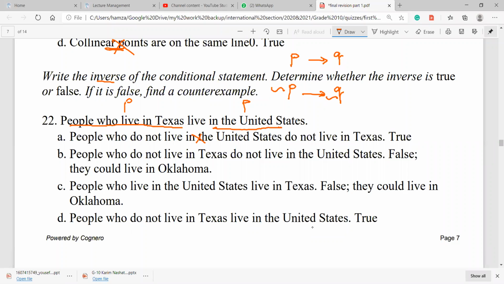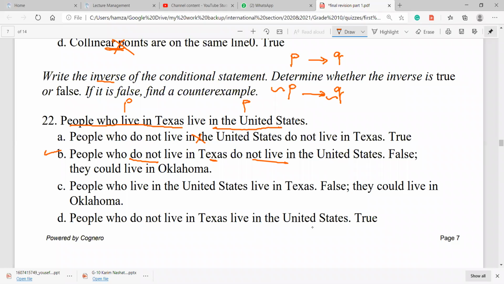People who do not live in Texas do not live in the United States, that's right. He keeps the order and writes them in a negative form. Do not live in Texas, do not live in United States. So keep the order and write the negative form. So until now, this one is right.